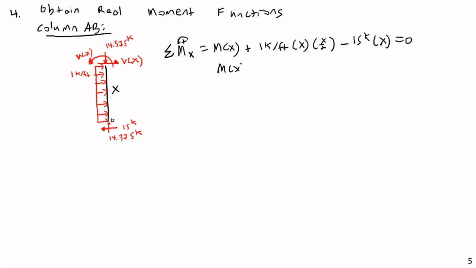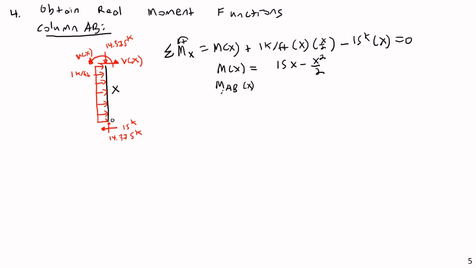And then m as a function of x for our column is going to be 15x minus x squared over 2. And of course our vertical forces here do not contribute to the moment because their line of action passes through point x. So 15x minus x squared over 2, and if I wanted to use a consistent naming convention, I could perhaps call this MAB as a function of x.